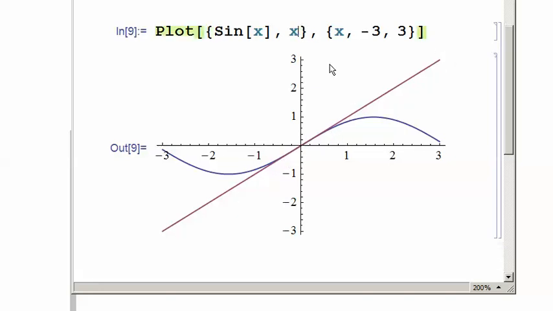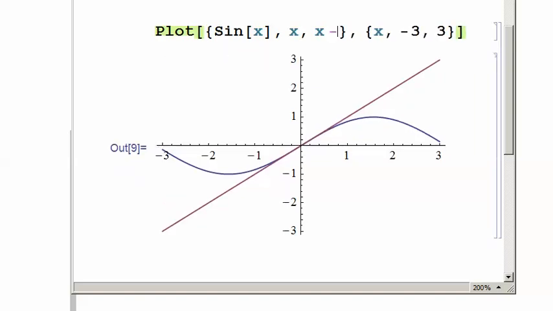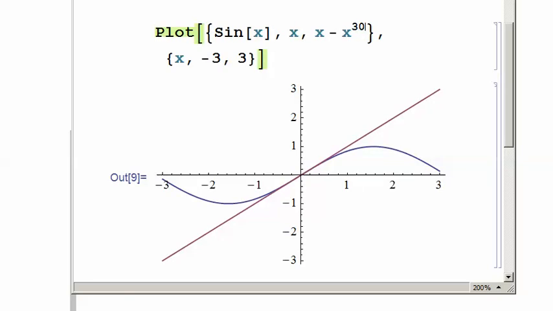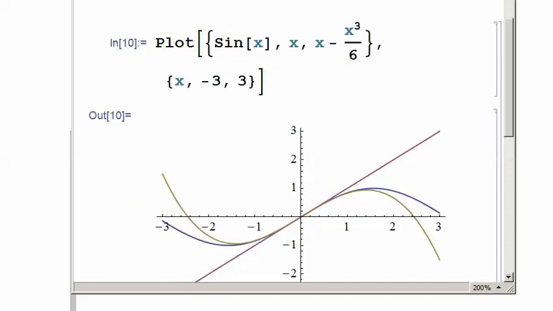So if I go ahead and put the third order one in there, it was x minus x cubed over 6. You can see the third order one gets closer to the sine wave.